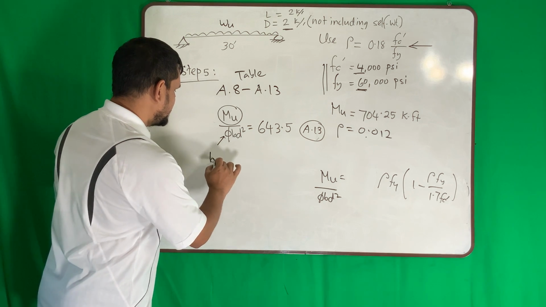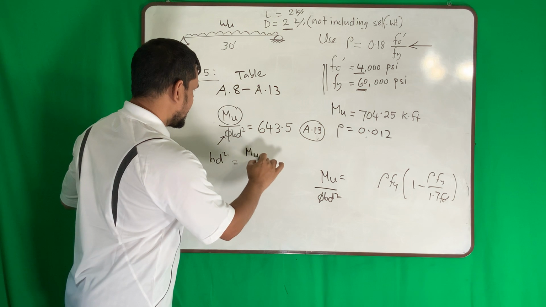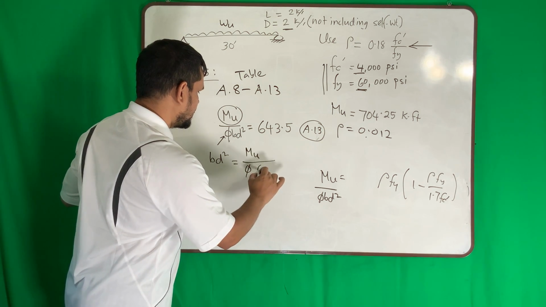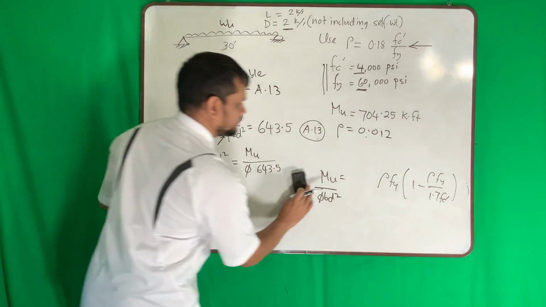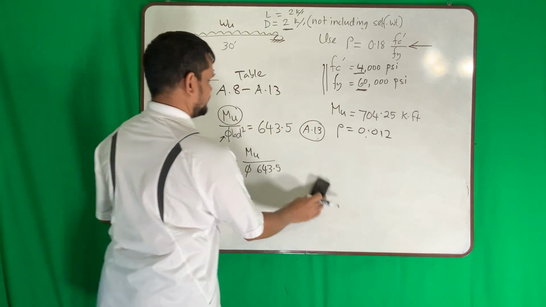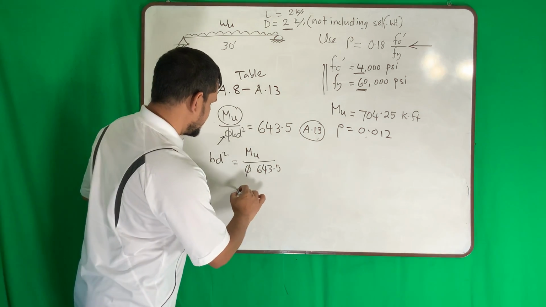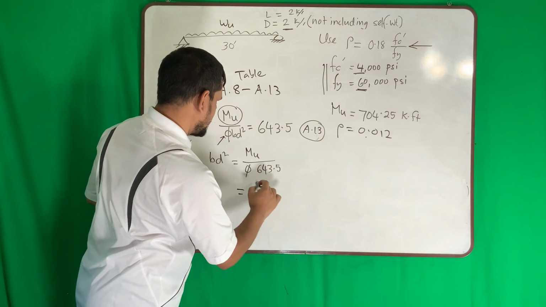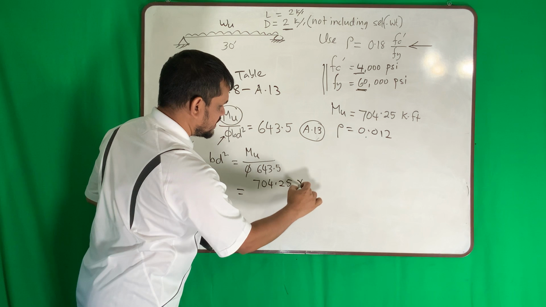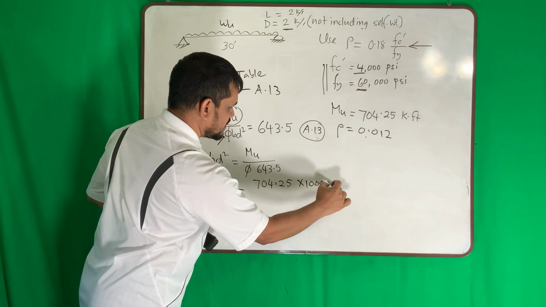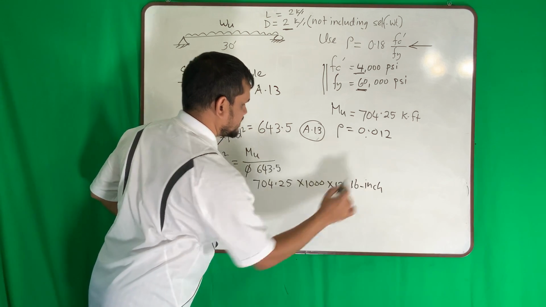So BD square will be mu over phi times 643.5. Am I right or wrong? Right. So what is my mu? 40704 times 24 times 1000 times 12 pound inch.